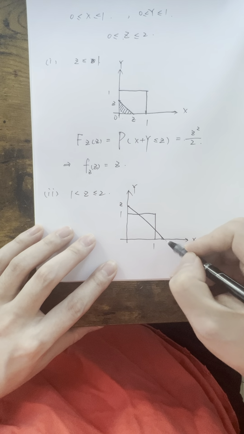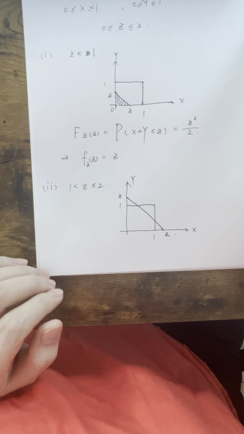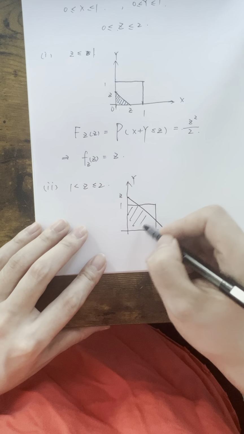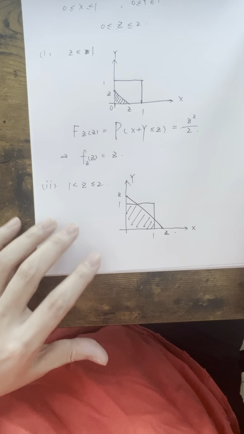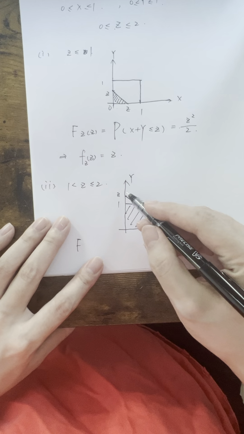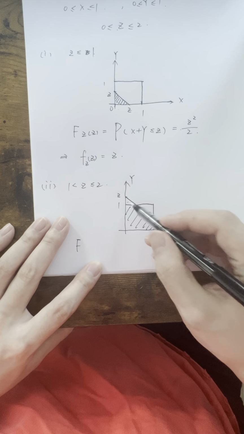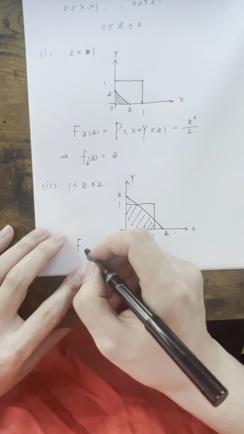We need to calculate this shaded area. We could use the bigger triangle minus those two smaller triangles.